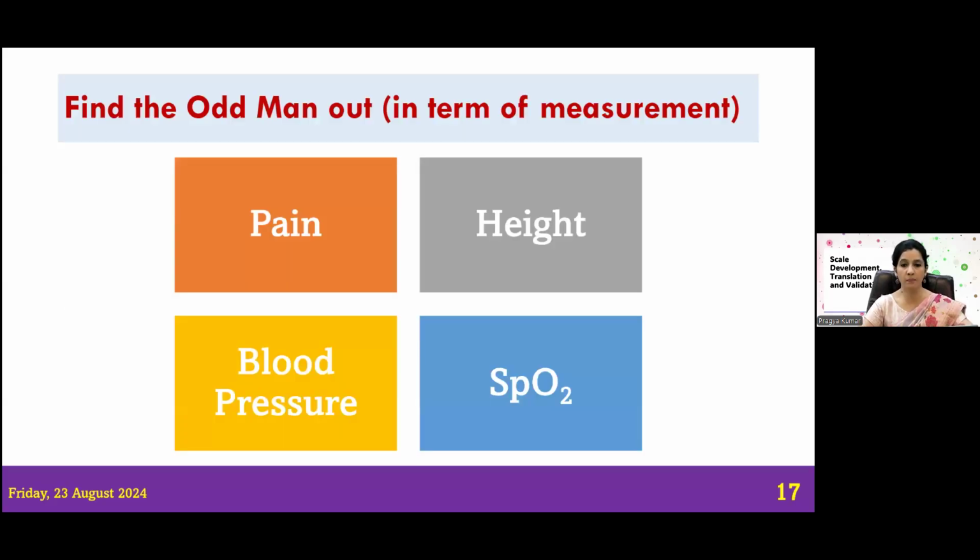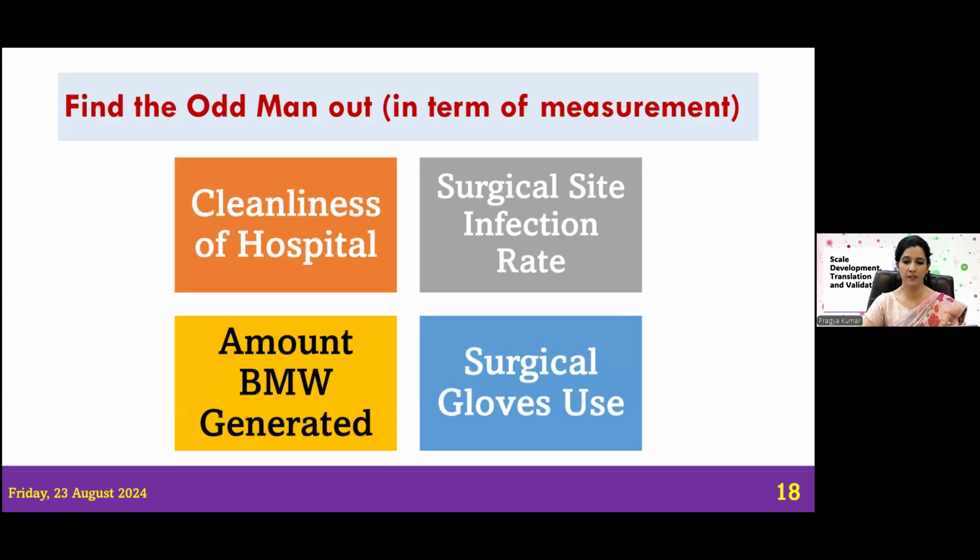So this number we generally give, and here also you will give a number to the response format. So yes, all of you, please find out the odd variable in terms of measurement. So pain, yes, height, blood pressure, and SpO2, they are very objective. There is objectivity in the measurement, and pain is different. What about this?